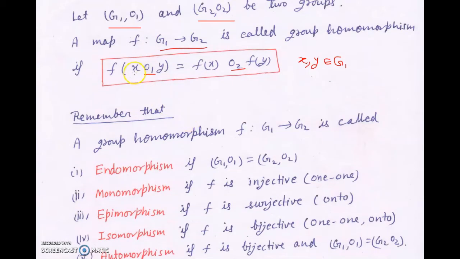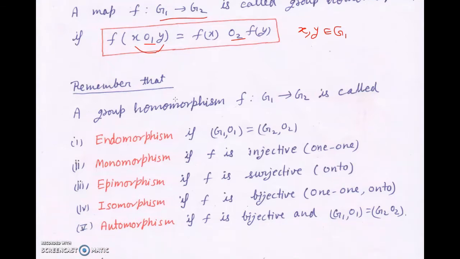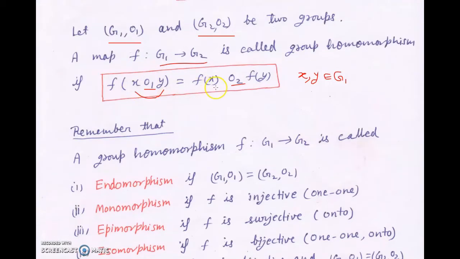So it simply means that the image of the composition of two elements is equal to the composition of the images of those elements, although the composition is different according to the group. Such a map is called a group homomorphism. This map is also called a structure preserving map.